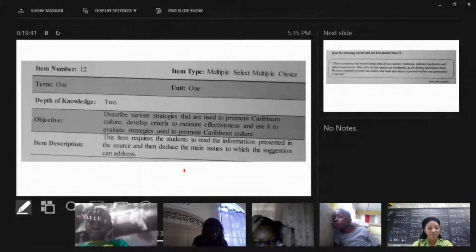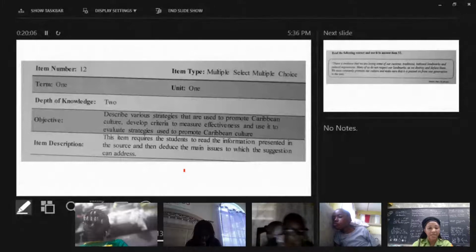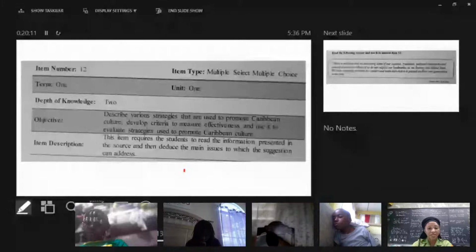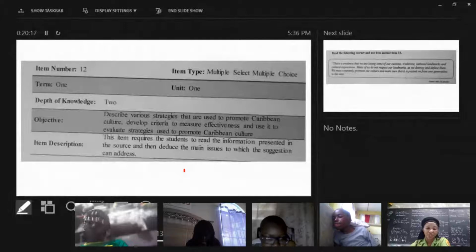This item requires the students to read the information presented in the source and then deduce the main issues to which the suggestion can be addressed.